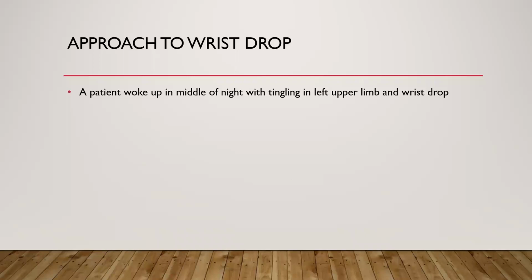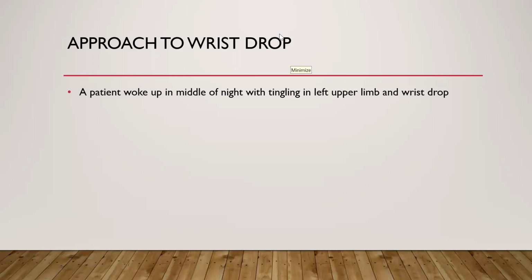Is there any sign anybody is aware of? You ask the patient to outstretch both the hands, both the upper limbs, and you ask them to close the fist. If you do it on your own, what happens? There is flexion of the wrist.